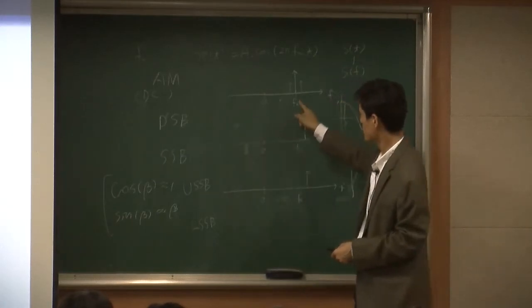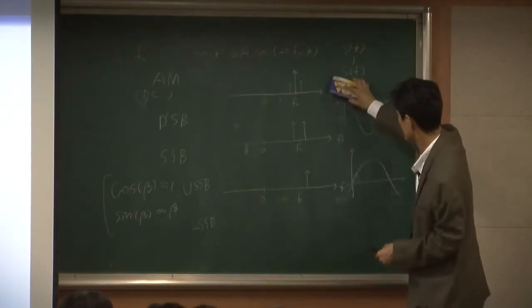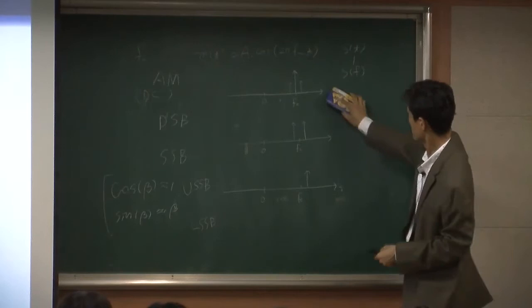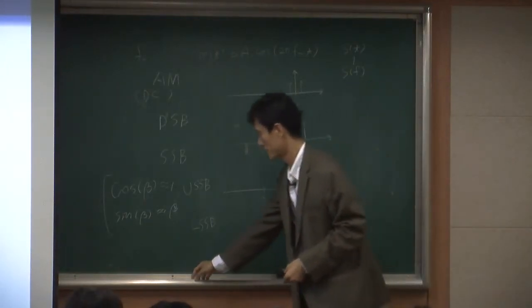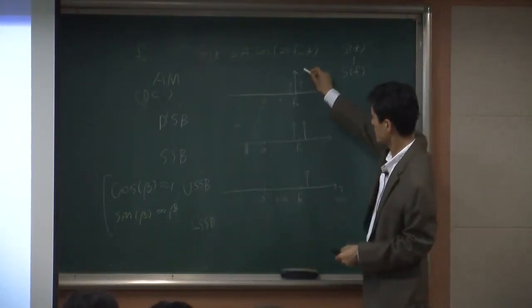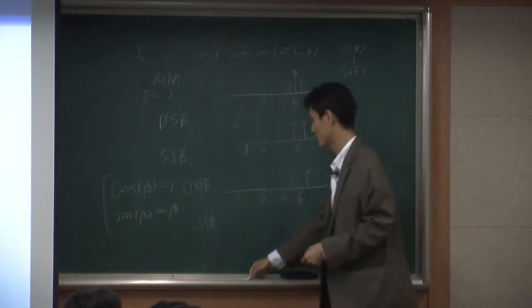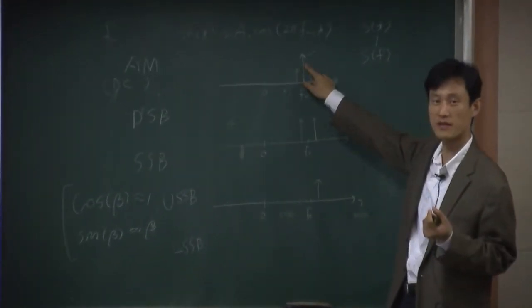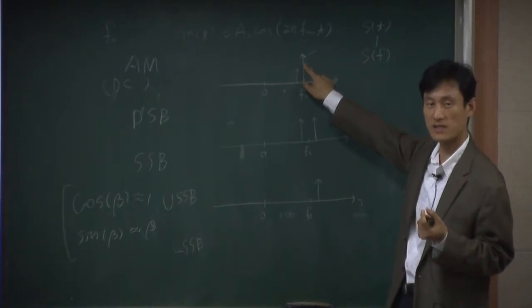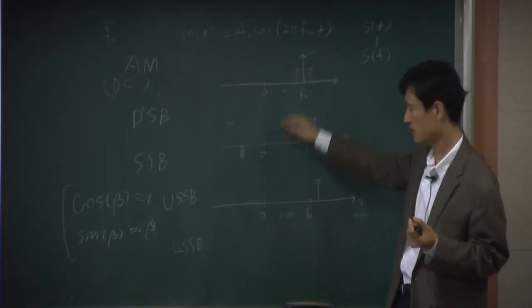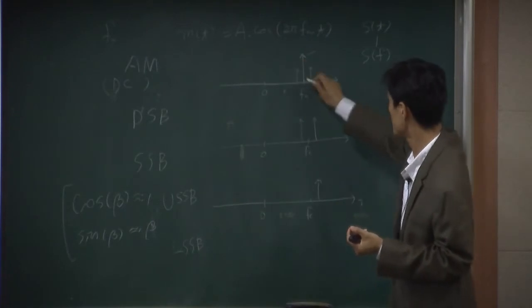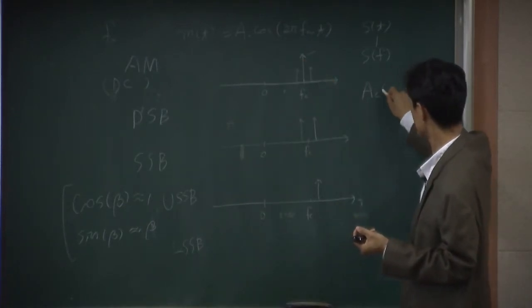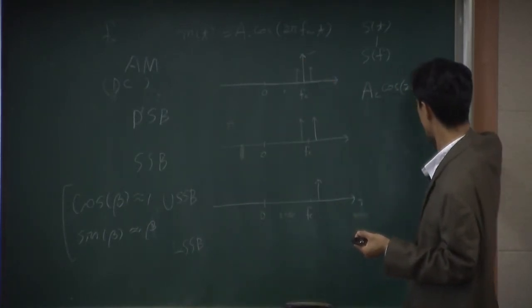Let's write this in equation form. The middle one is the carrier, AC cosine 2 pi fct.